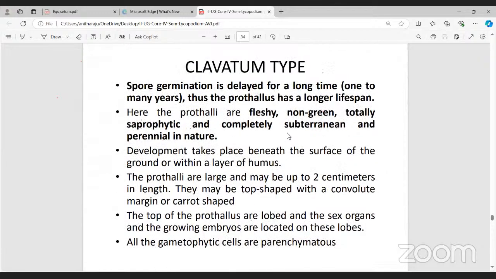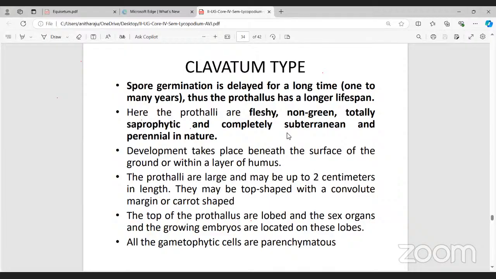Here the prothalli are fleshy, non-green, totally saprophytic, completely subterranean and perennial in nature. Actually, the gametophyte, as we know, is autotrophic, but the Clavatum type is different. It is not autotrophic; it is fleshy and non-green.